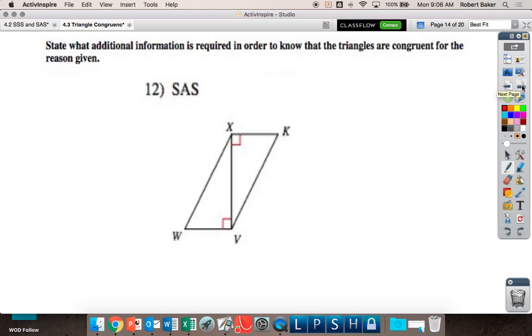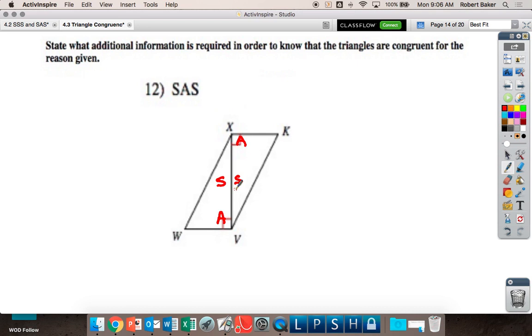I want to prove that these two triangles are congruent to each other by the side angle side shortcut. What do I have right now? I have angles. What else do I have? I have the same side. So right now I have the side angle, or the angle side, and I want to use side angle side.